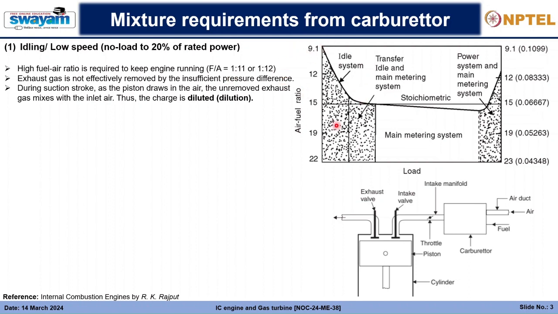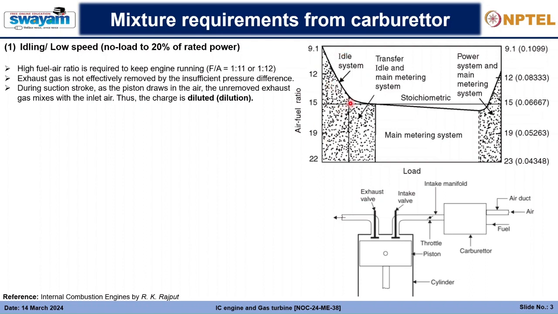So the different conditions: first is the idle system, when the vehicle is at rest. Suppose in the case of speed breakers, we'll have to operate at low speed. Then in case of traffic points, the car has to be stopped.